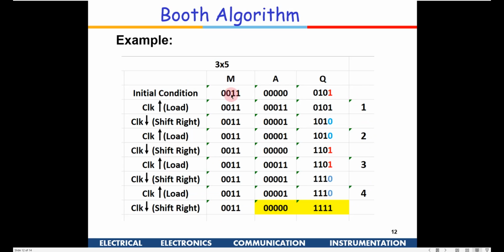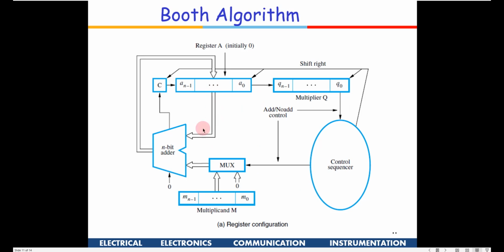That means 0 plus 3 is available here. So during the positive edge of the clock, whatever the adder output is, 0 0 1 1, gets loaded into the accumulator. This is 0, this is 3, 0 plus 3 will be 3, and that will get loaded into this register during the first positive edge of the clock.